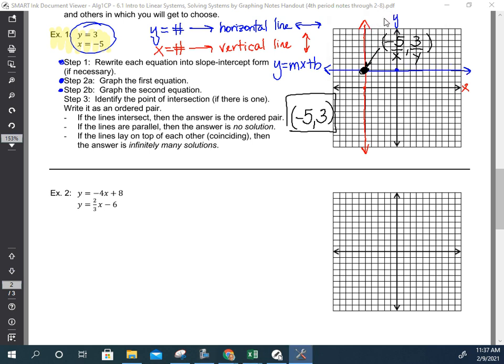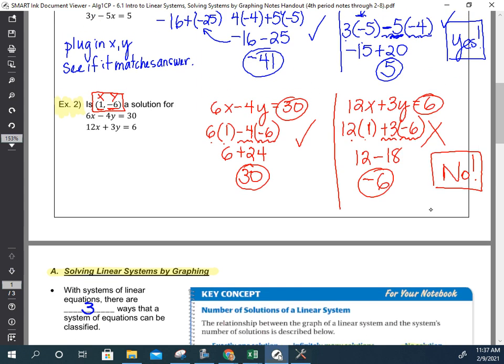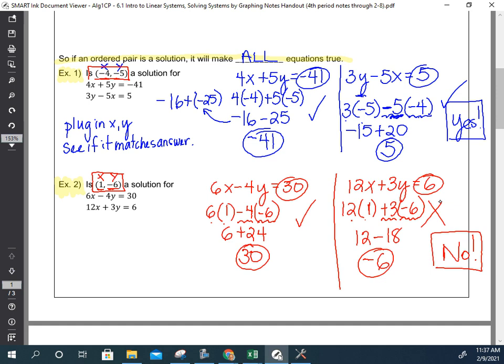So on yesterday, we checked how and whether an ordered pair works for a linear system. That's when you plug in X and Y and see if it matches the answer that they gave in the problem. We did 2 examples of this type of problem.